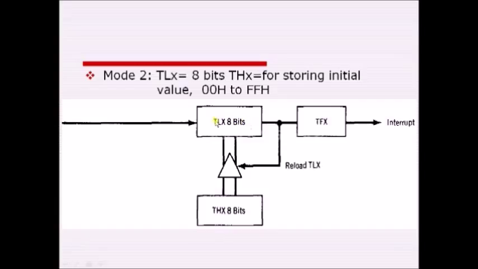After reaching its maximum value FF, if one more clock pulse is received by this TLX register, it would be loaded with the value which is in the TH register. That is why it is called auto reload mode. For every rollback or overflow condition, TF will become 1, which generates an interrupt. That is why it is called 8-bit auto reload: after FF, the TL register gets loaded with the value present inside the TH register.